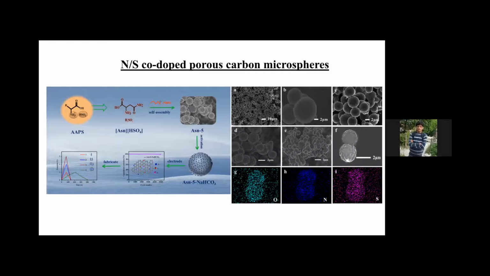During this activation they get a microsphere containing nitrogen and sulfur co-doped carbon. From the SEM images we can see a very good microsphere, and from the EDS mapping we can see how much nitrogen and sulfur are distributed inside this carbon material.